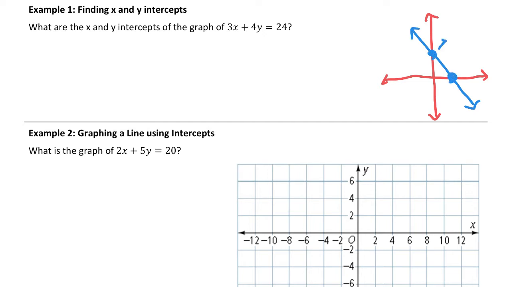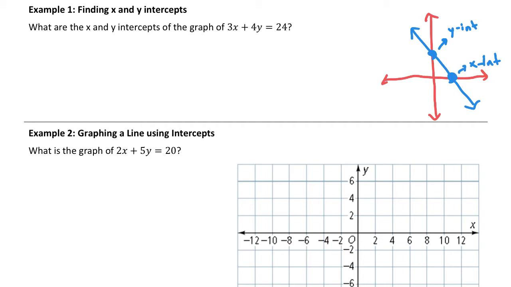So this point right here is the y-intercept. This point is the x-intercept. So from what we know about points, a y-intercept has an x value of 0. An x-intercept has a y value of 0.